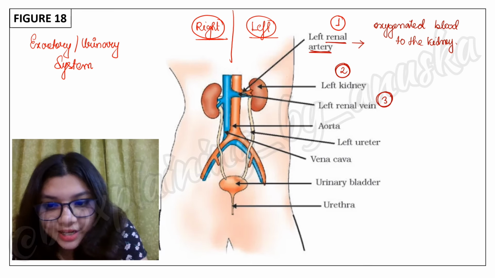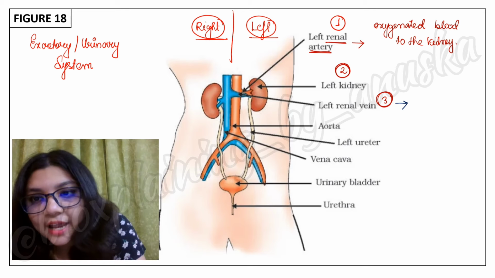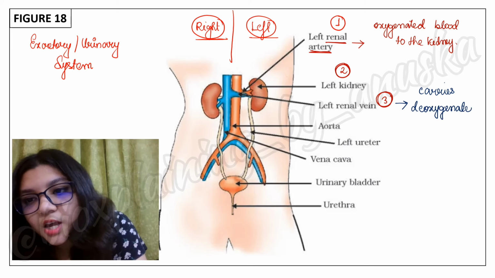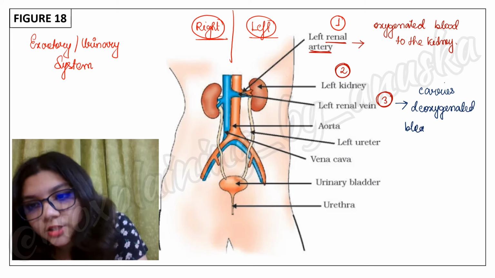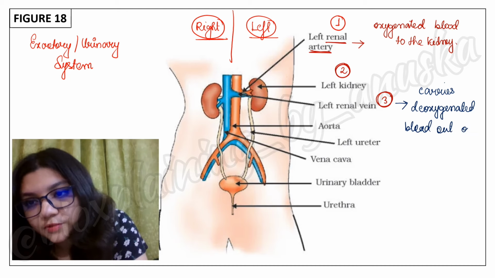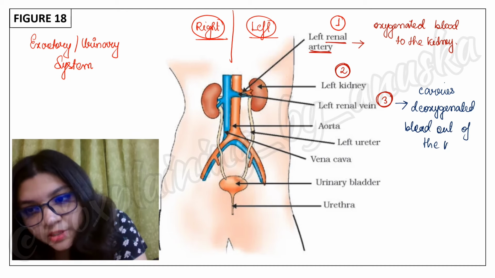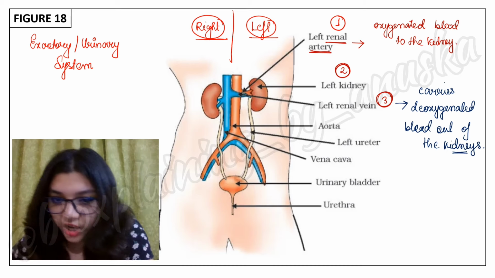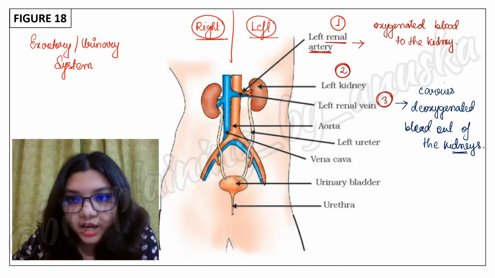The job of the left renal vein is it will be carrying deoxygenated blood out of the kidneys, and it will ultimately be going and joining the vena cava, specifically the inferior vena cava, and then it will get back to the heart.